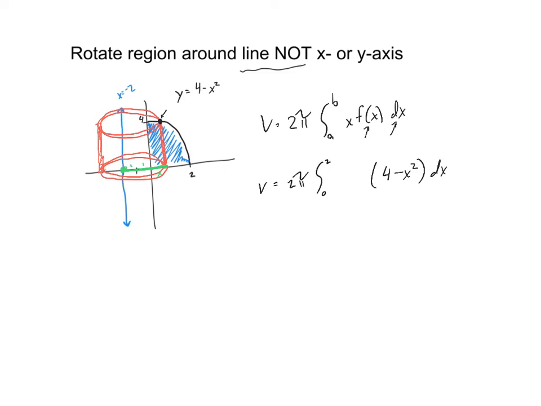And so what that looks like in the formula is that the x is increased by 2. Increased, that's a plus sign, I swear. X is increased by 2. That's the difference. When we revolve around a line that's not the x or the y axis, what we affect is the radius of the slice. And so that's the only change here.